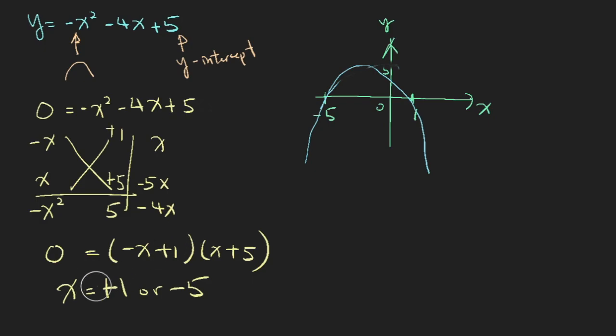Right, the maximum value will occur here between minus 5 and 1. In fact, it will occur right in between. So there are 6 units between minus 5 and 1. So it will be right in between. So here it will be minus 2.